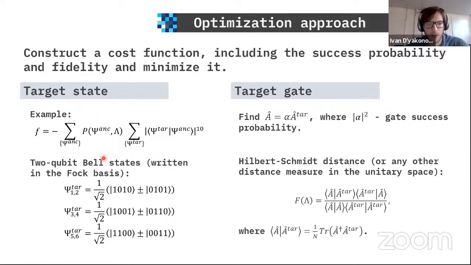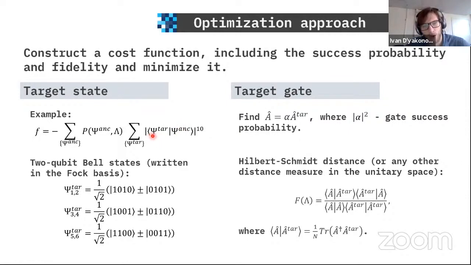For example, we can construct some function which optimizes both the probability of the output state given some ancilla, and also optimizes the fidelity. So this part is the fidelity of our target state given some output state. Oh, sorry, there is a typo here. There should not be the ancilla, there should be the output state over here.